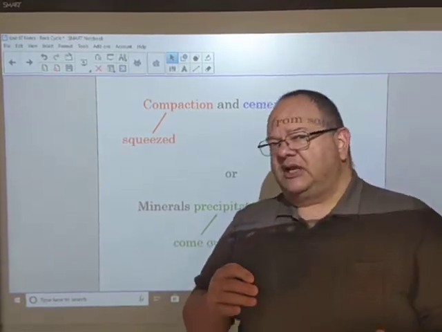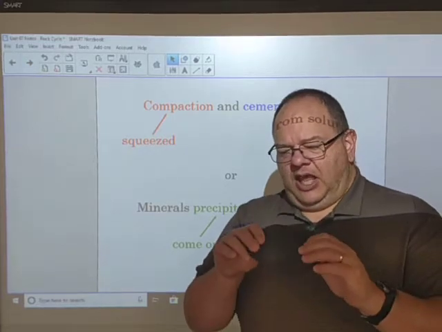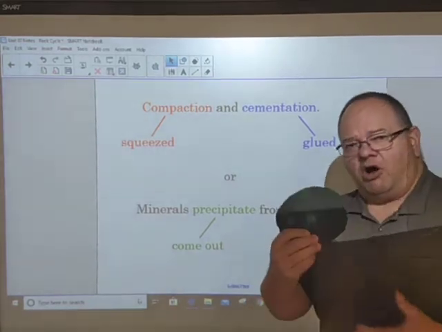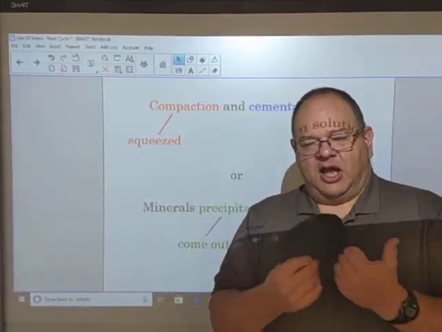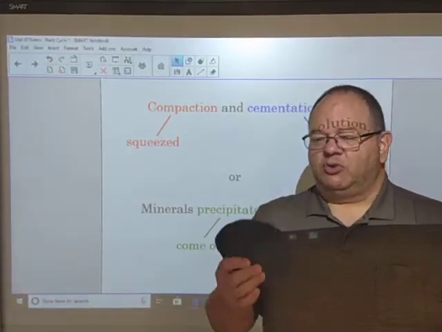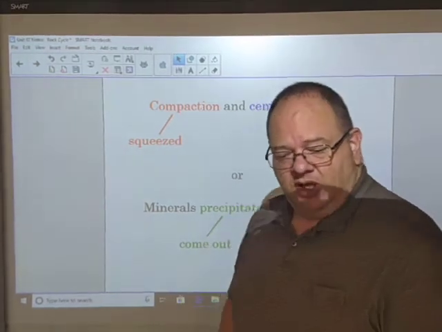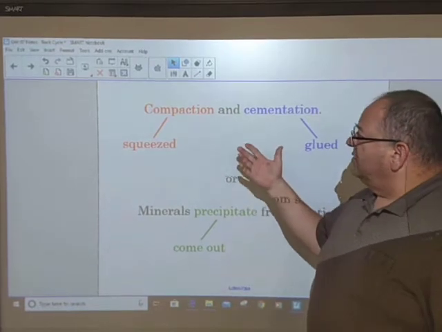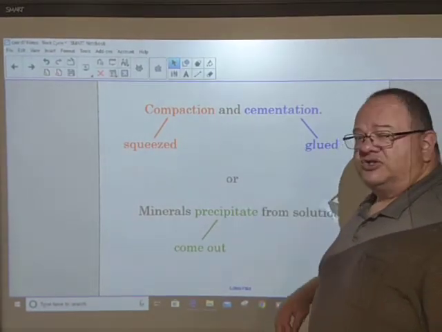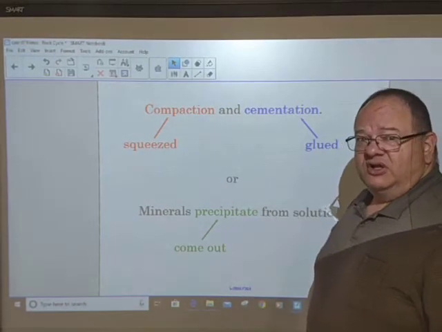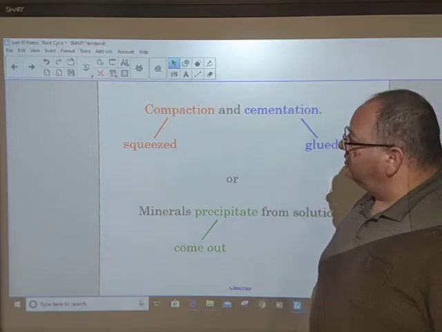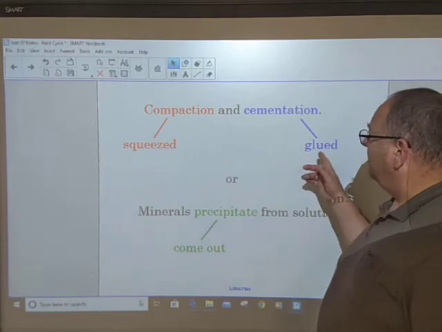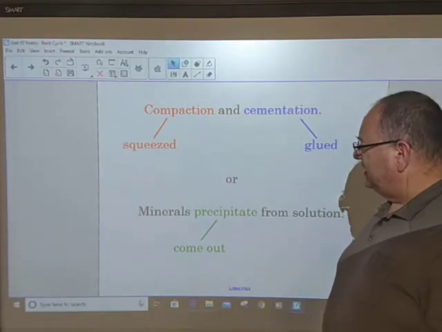It precipitated back out of the water, and it stuck to all the other particles and effectively glued all the particles together. And now we have a very rigid rock-like substance. So that's the process that happens a lot of times in sedimentary rocks. You have pieces that get piled up, buried, squeezed under pressure, and then maybe some gluing back together.